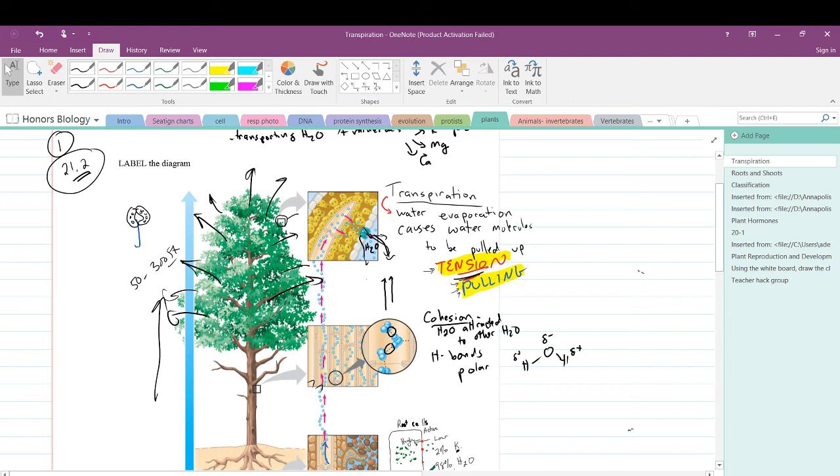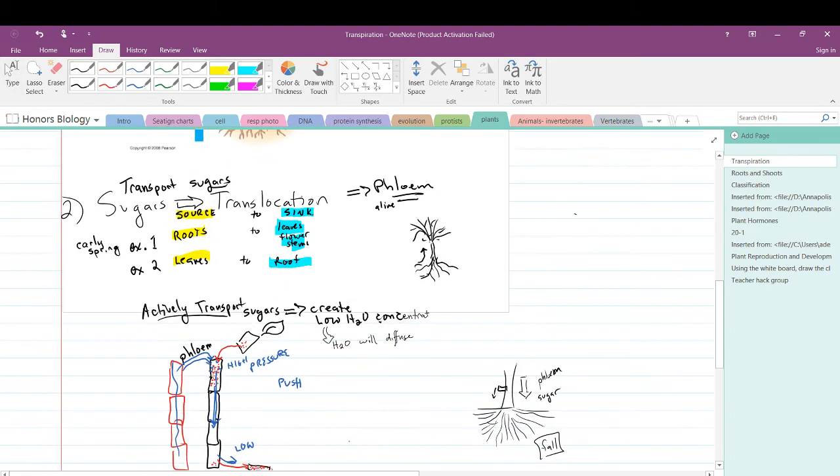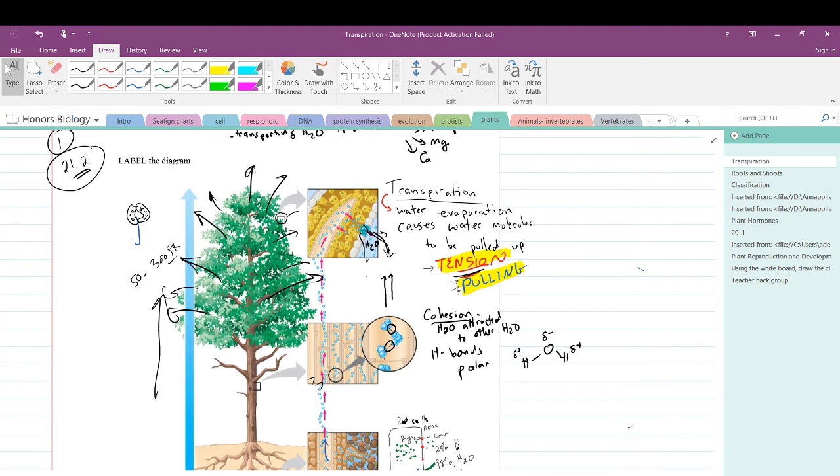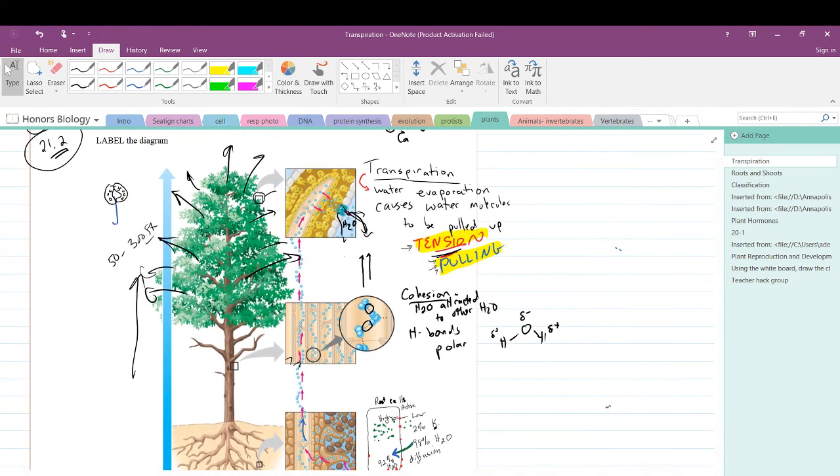And then the minerals are there as well. That was a tension or a pulling, kind of like a rubber band. On a hot day, you can actually measure the tree getting pulled in just ever so slightly as the water molecules pull on the tree trunk as well, because they're evaporating so fast.